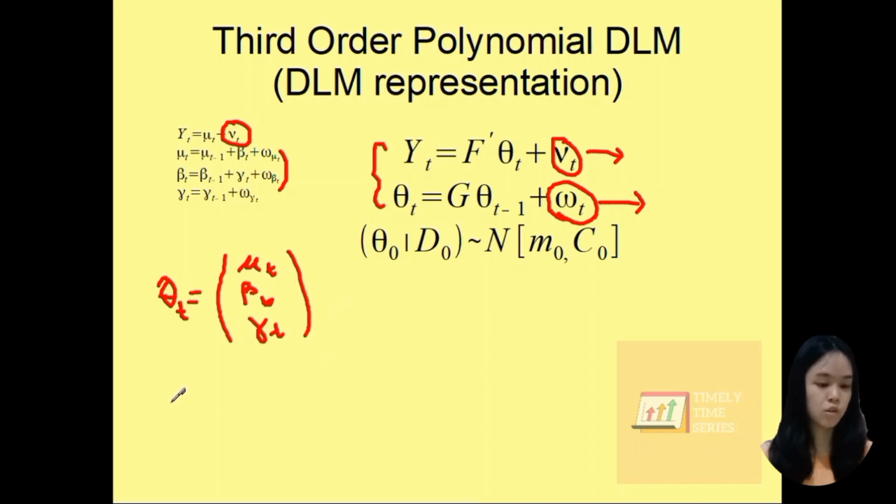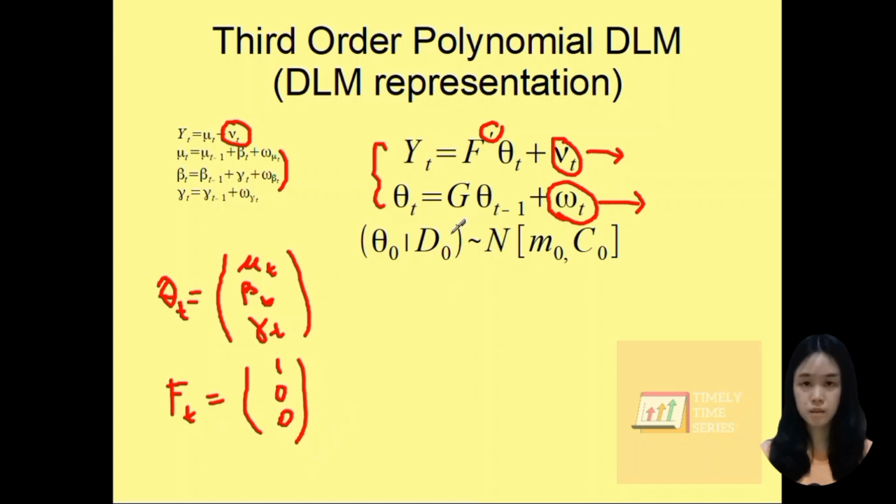F t is also a vector. The apostrophe here means that the F is transposed. And by the way, F is also a vector of length 3. The first element is 1 and the rest are 0. And then G here is a known system matrix.